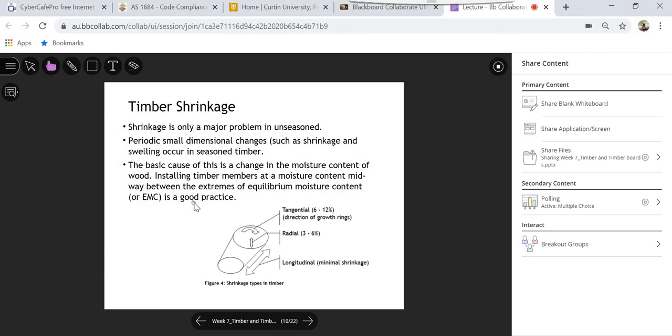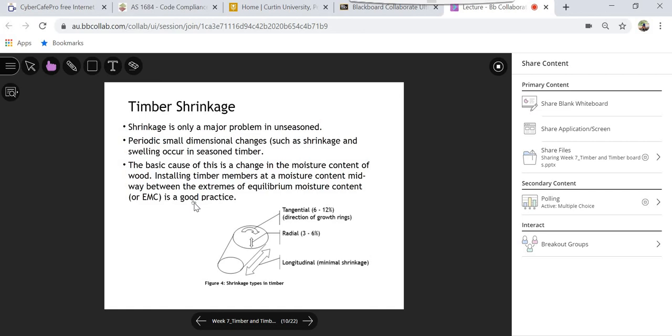The basic cause of volume change in timber is moisture. Shrinkage is only one side; on the other side, the timber could swell if it absorbs moisture.